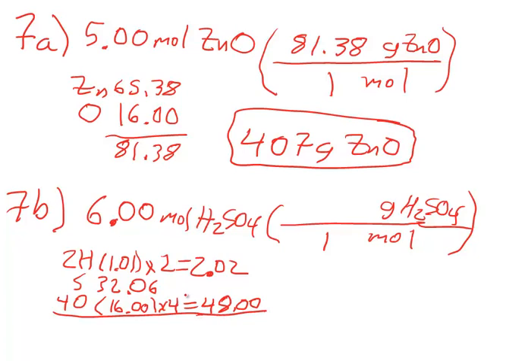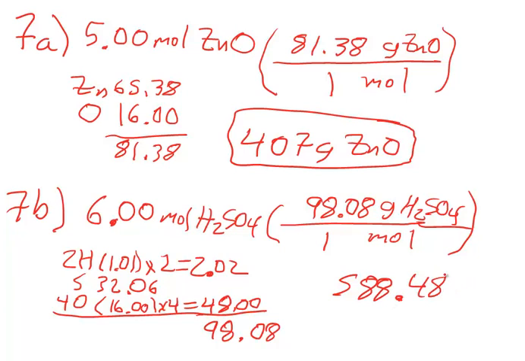So I'm going to add 48 plus 32 plus 2.02, which gives me 98.08 grams. So 98.08 goes up here. So 6 times 98.08 comes out to 588.48. Round it to 3 significant figures. I get 588 grams of H2SO4.